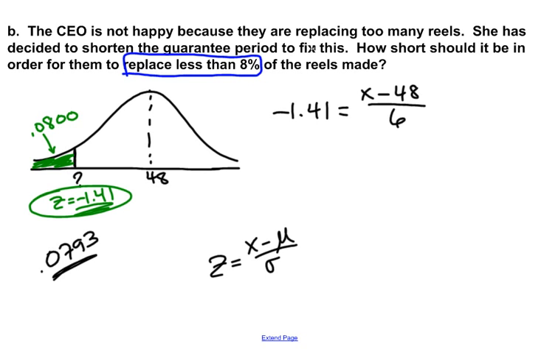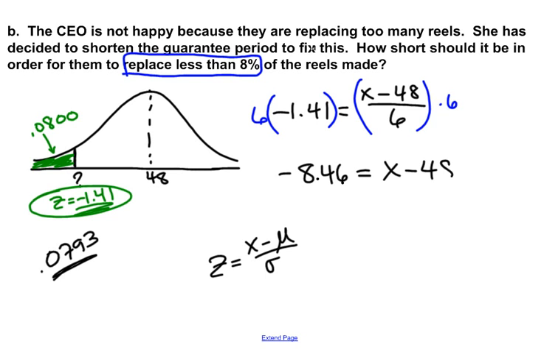So we'll multiply 6 to both sides and solve this equation. That gives us negative 8.46, I believe, when you multiply that out, and that's equal to x minus 48. And then we add 48 over, and we find that x is equal to 39.54 months.